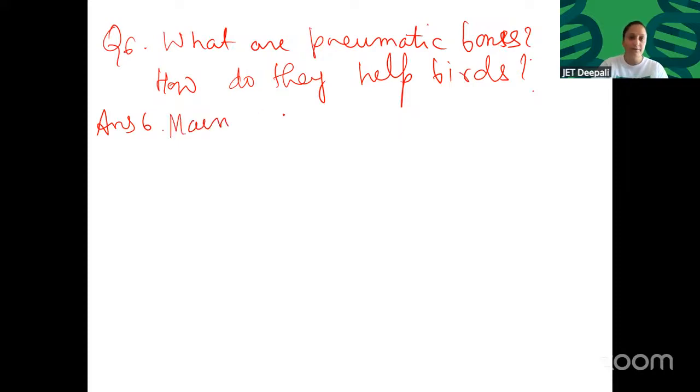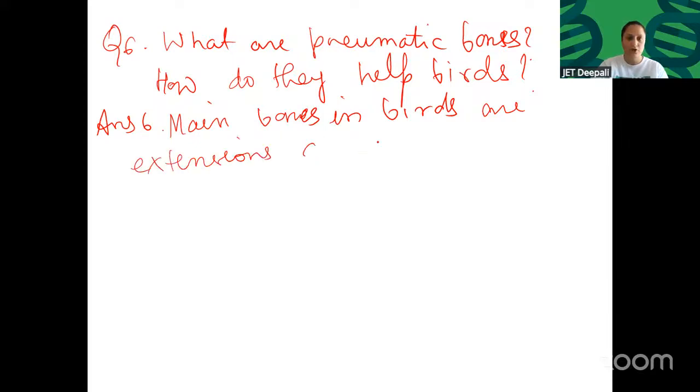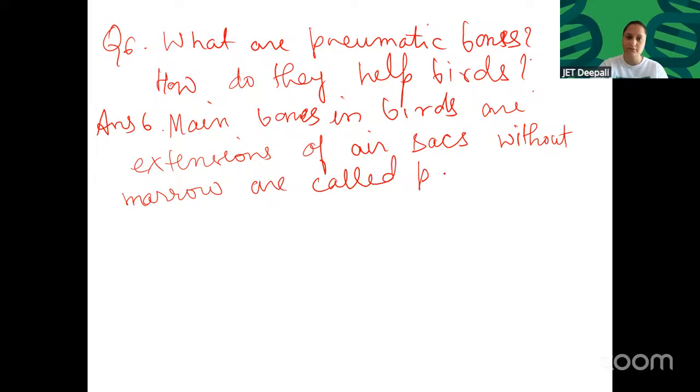Main bones in birds are extensions of air sacs without marrow, called pneumatic bones.